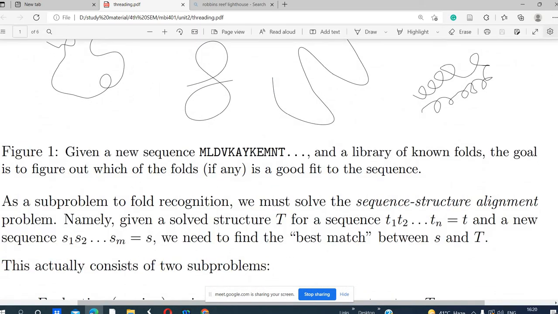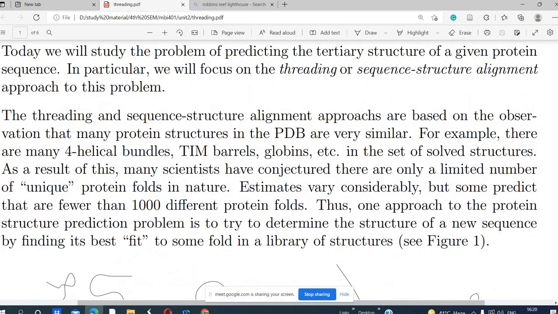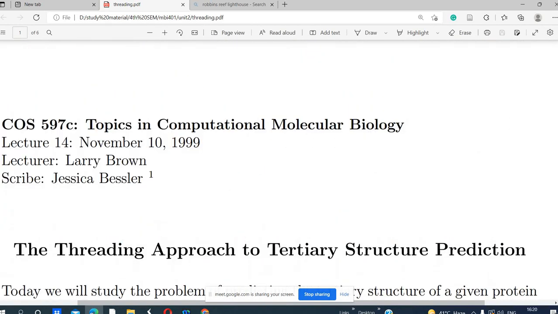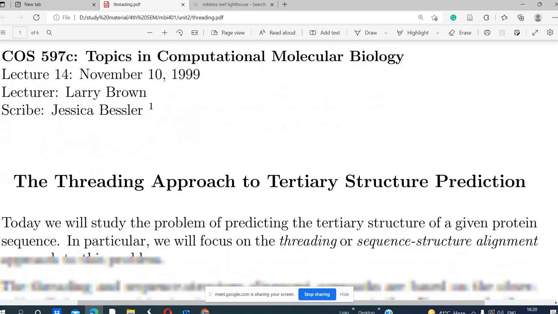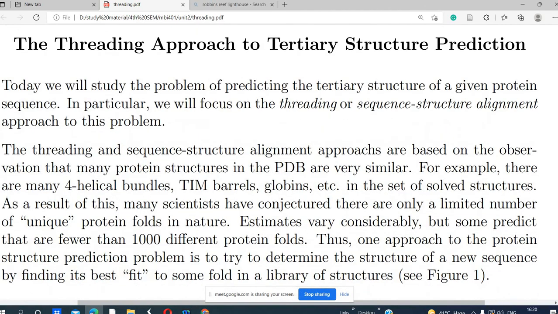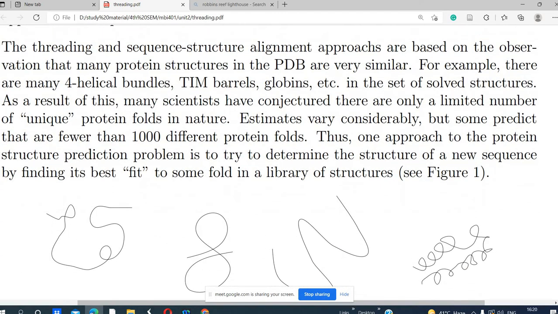The first approach is the sequence structure alignment approach to this problem. Sequence structure alignment means we are aligning the sequence with the structure that is present in the PDB database.